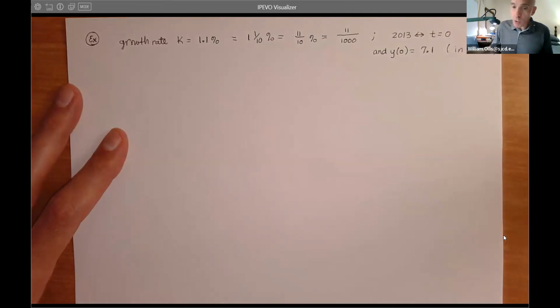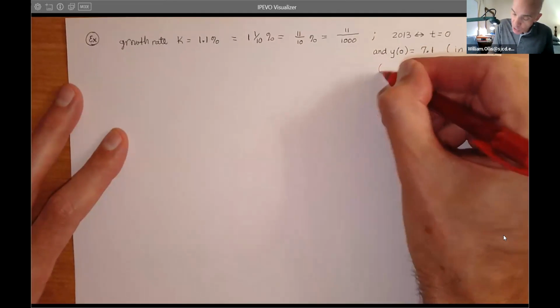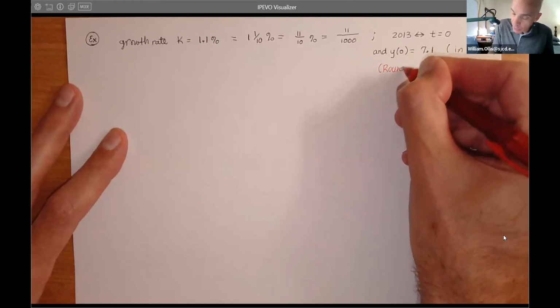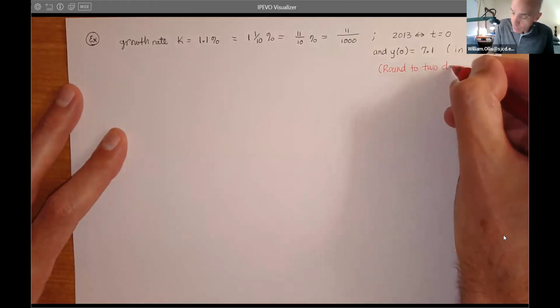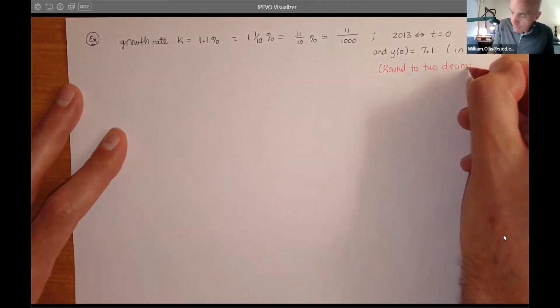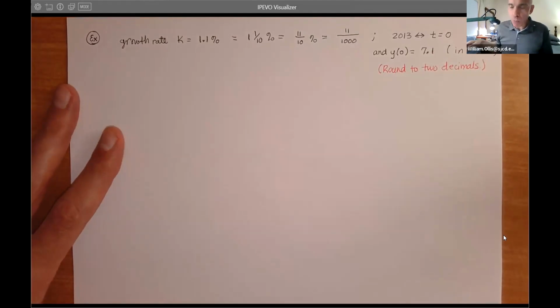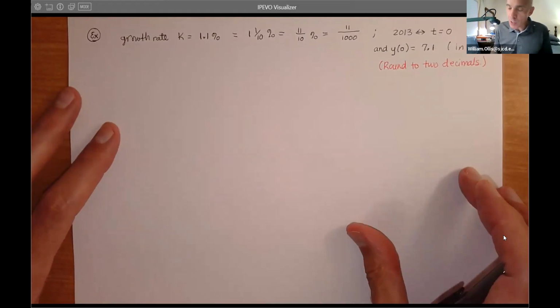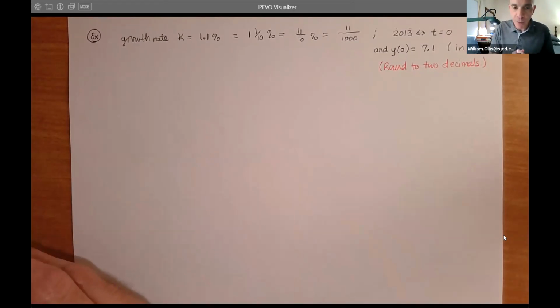Now for this particular one, I'll go ahead and I wrote this down. We're going to round to 2 decimals when we do our Google calculator. Round to 2 decimals. For some reason, I had not written that down on the last problem, but I wanted to make sure what WebAssign said about the specific formatting, because that's something that's very important.